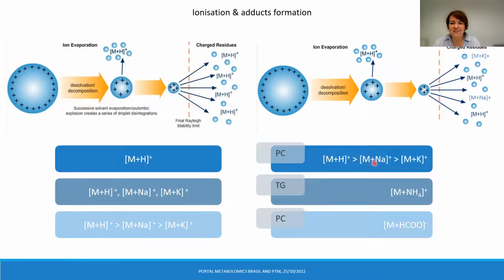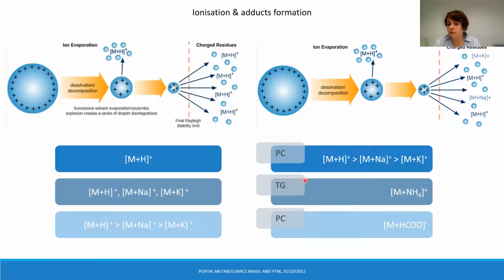But this will never be the only ion they form, but this ion must be observed after the protonated one, and therefore will always be less abundant than [M+H]. And the same in terms of the potassiated form. We can observe potassiated phosphocholines, but they will be less abundant than sodiated and also protonated.